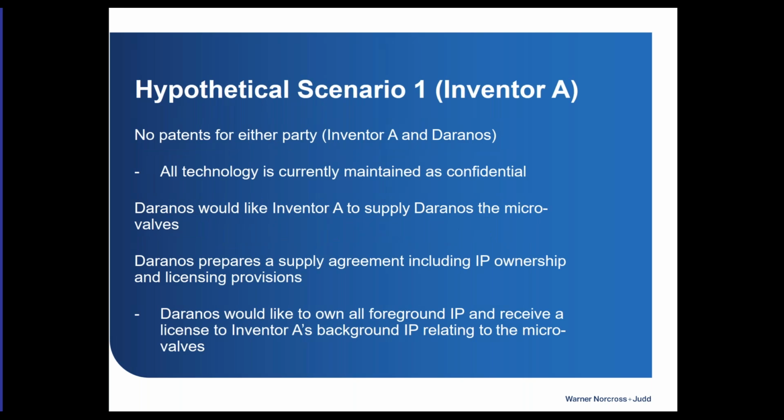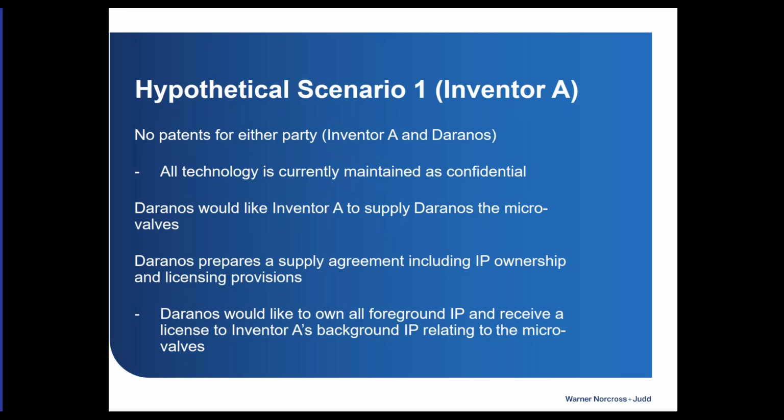Now, in scenario one, we're going to look at it from the inventor's point of view, inventor A. Here, neither the inventor nor Theranos have patents or patent applications on their technology. All technology is currently maintained as confidential within both organizations.